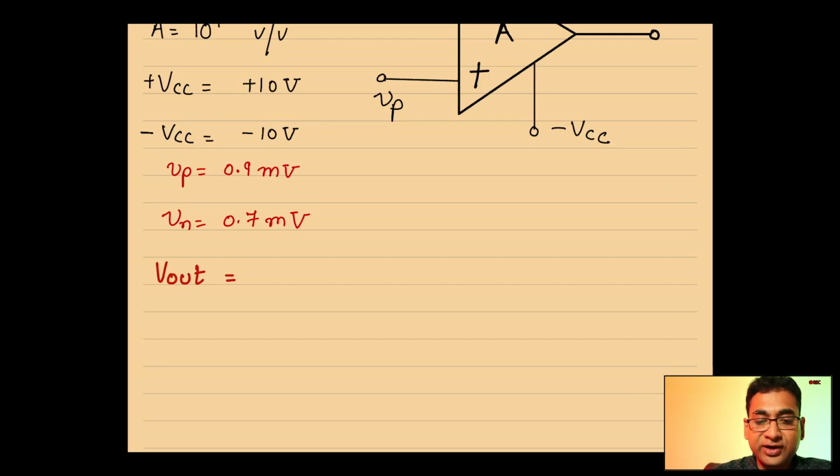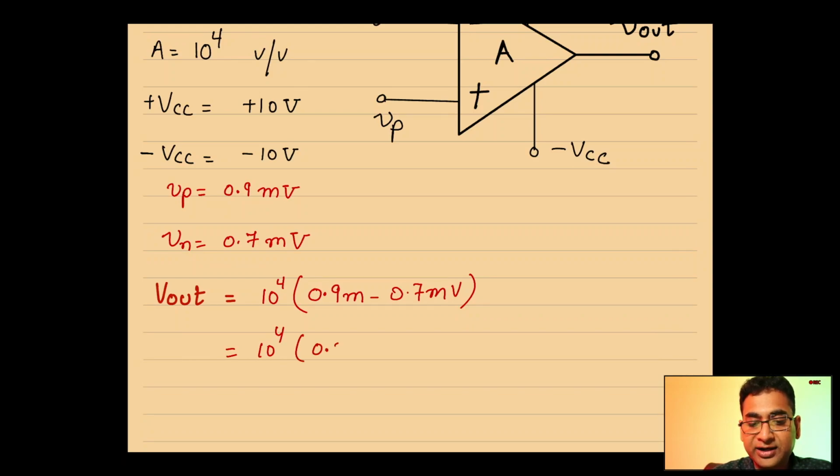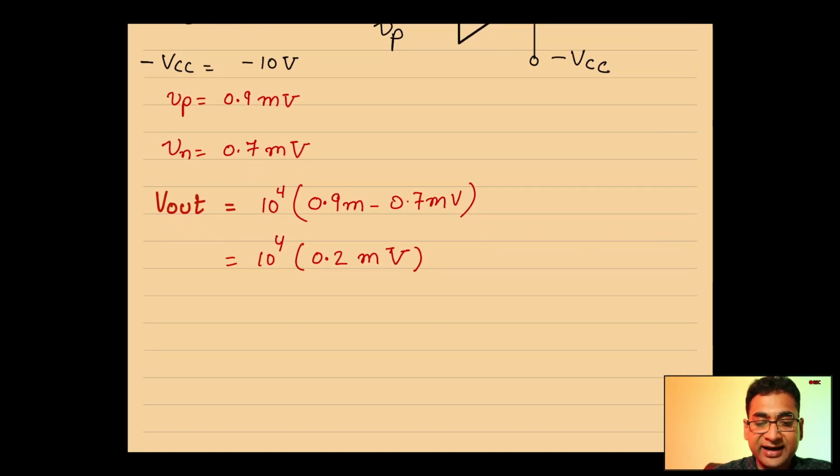V output is going to be A, which is 10 to the 4, multiplied by Vp, 0.9 millivolts, minus 0.7 millivolts. So that's going to be 10 to the 4 times 0.2 millivolts. You multiply that, you get a value of V output equals 2 volts.